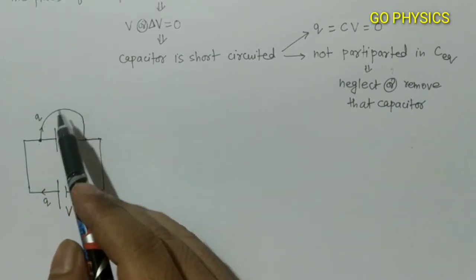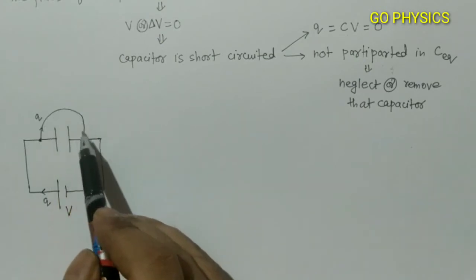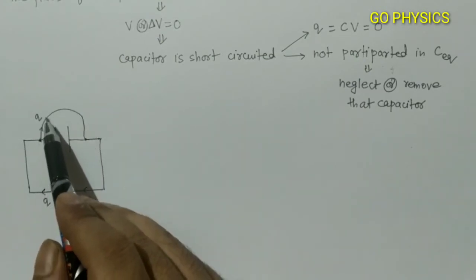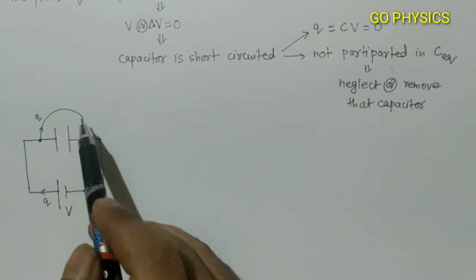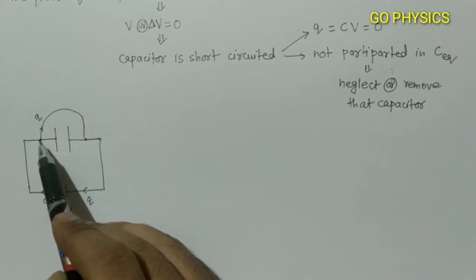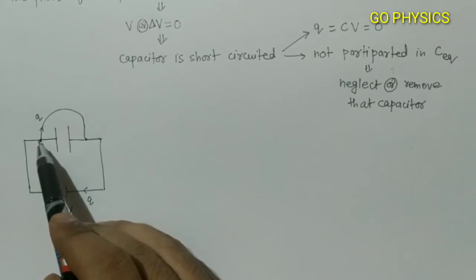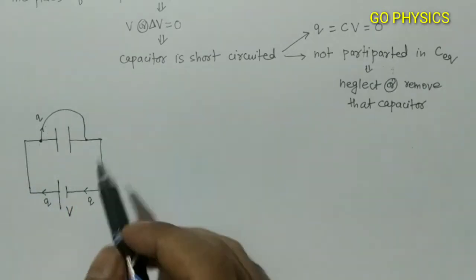The reason is that this part will offer some resistance and this part will offer no resistance, because there is no element on this route, and the current follows the path having less resistance. More current will flow through that part of the circuit where there is less resistance, so all the charge will pass through this particular path.